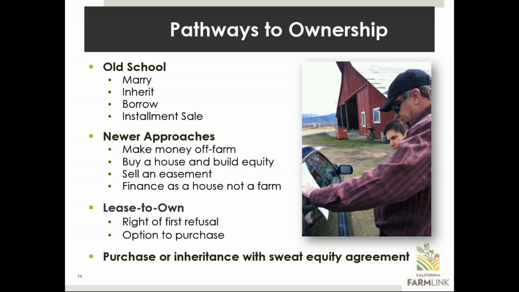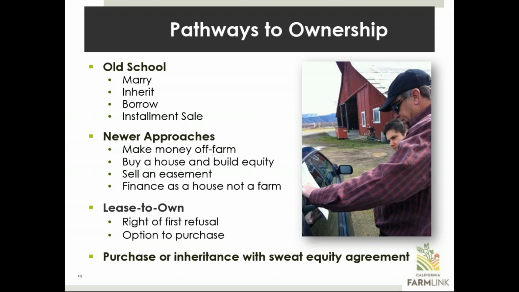So traditionally, you inherited land or farm businesses, but many farmers or next heirs to farmers are not going into farming. And so a lot of our next generation farmers did not grow up in farm families.